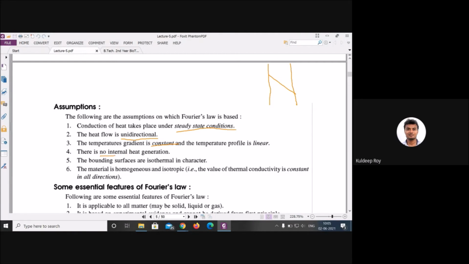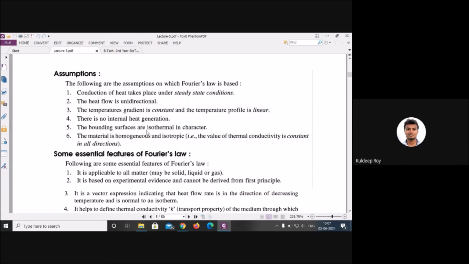It is written there is no internal heat generation. The bounding surfaces are isothermal in character. The material is homogeneous and isotropic, meaning it should be a uniform material like iron, gold, or any kind of sheet.